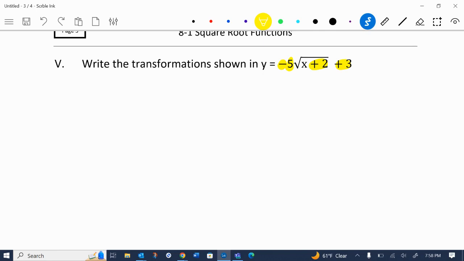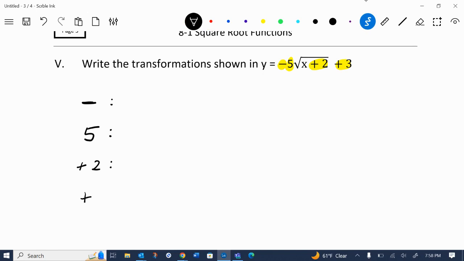In this case, it's simply nothing more than placement. So let's start with what the negative stands for, with the 5, with the plus 2, and with the plus 3. So based on its placement, the negative means that it is reflected.